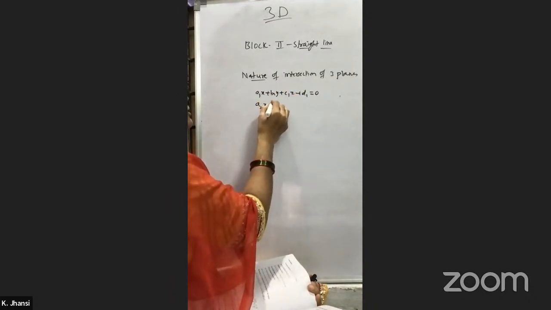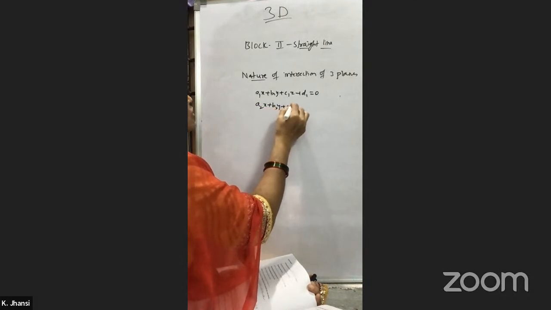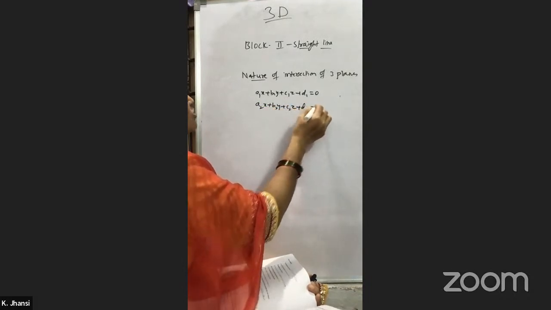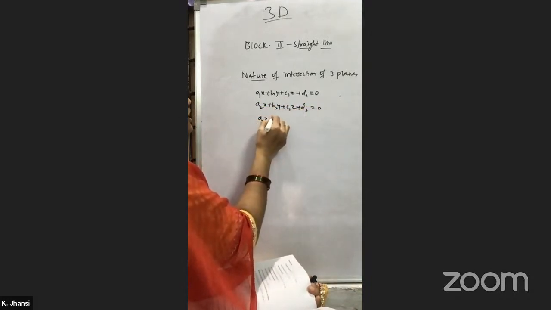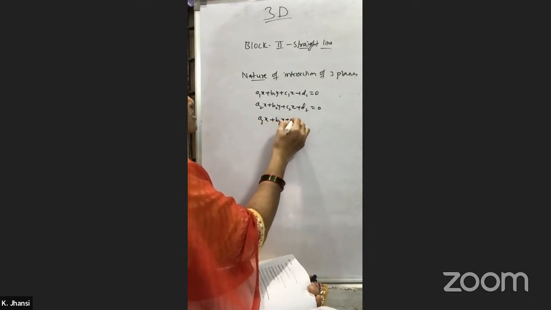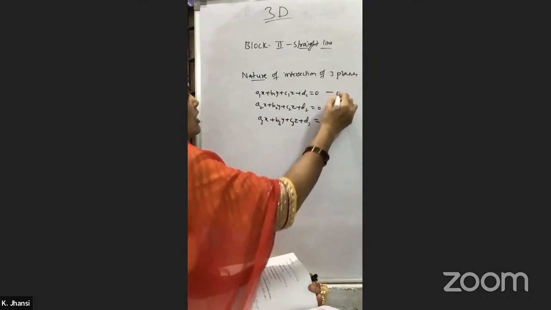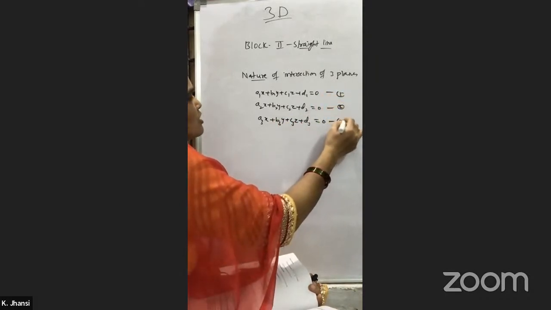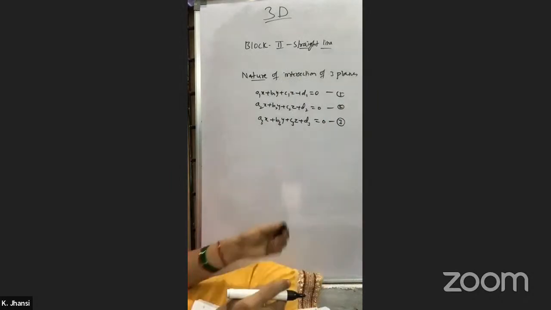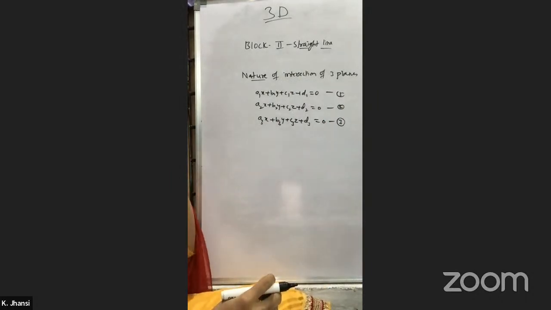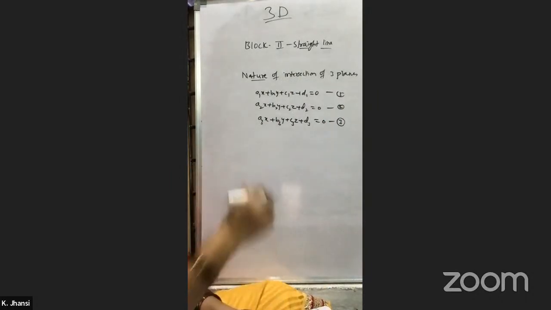Next, a2x plus b2y plus c2z plus d2 equals 0. Next, a3x plus b3y plus c3z plus d3 equals 0. These are the 3 plane equations, and you have to find the intersection between them. For that, the procedure is first you have to find the delta.